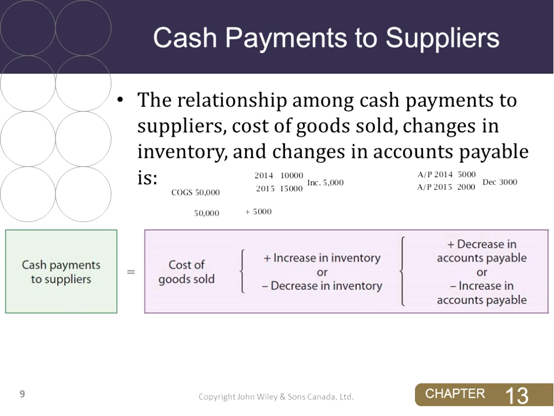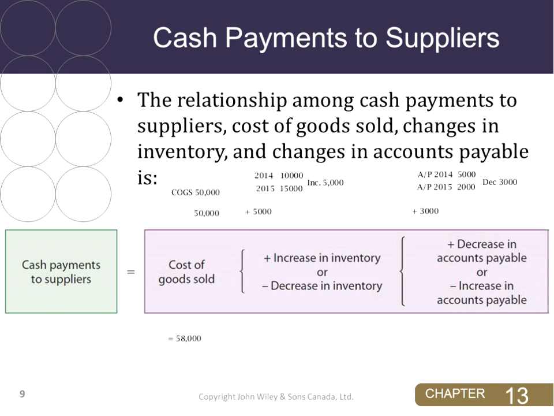And so not only did we pay for the cost of goods sold, and we paid for the inventory that's grown, so those are cash payments out, we've also paid out an additional $3,000 to our accounts payable from previous periods. So our cash payments to suppliers would then equal $58,000.